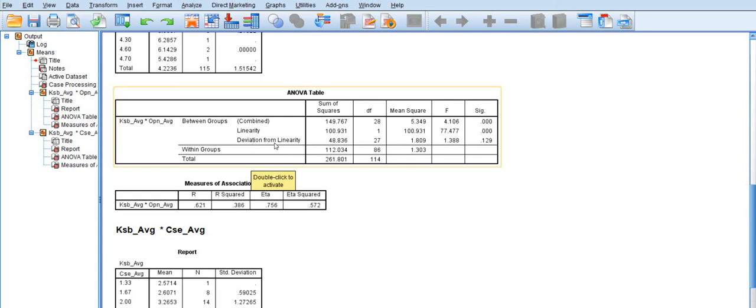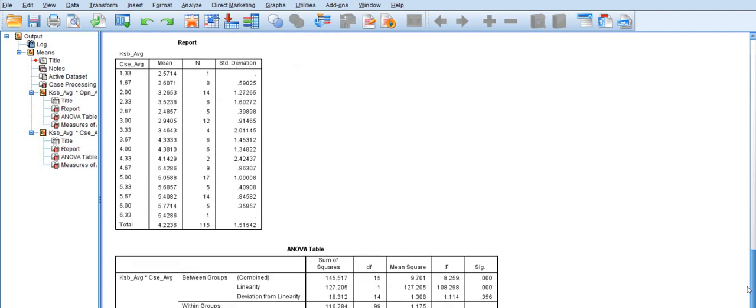And the deviation from linearity, the non-linear component, sum of squares, degrees of freedom, mean square, F ratio, is 0.129. Therefore, we will conclude that this pair of variables in the regression model fulfills the assumption of linearity.